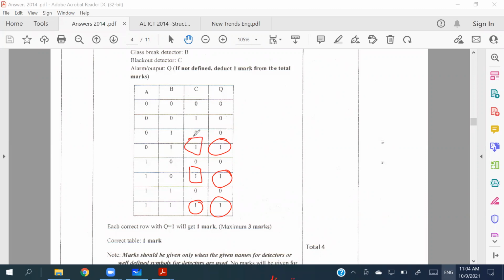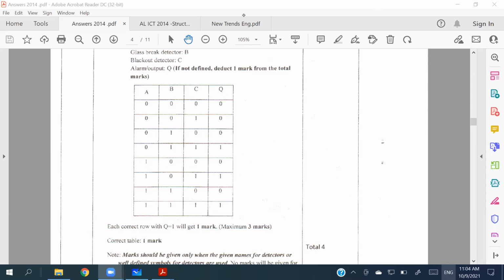Right? So that proves what they have said is true. Whenever the alarm has triggered, in all those 3 cases, the blackout sensor acts as 1, or the blackout sensor is indicated. So you can say it very simply like that.